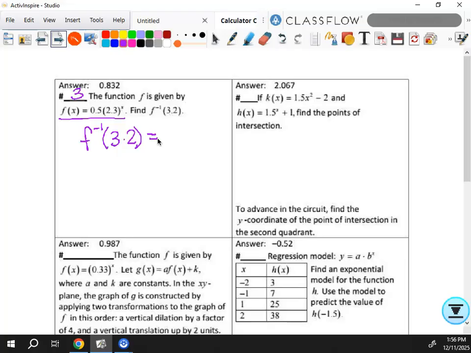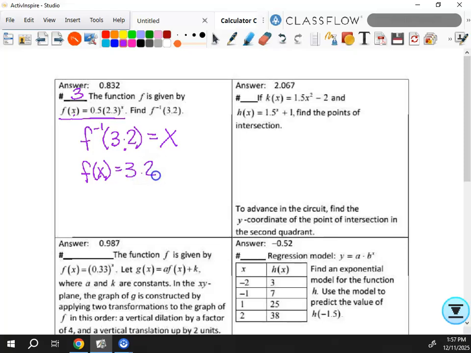Y. It's the inverse, so it would equal the x. For f, if I have f of 3.2, that means 3.2 is the x. F inverse, that means this is my y. That's my output value. So then that means that f of x is equal to 3.2, right? Having that conceptual understanding of inverses. So now I can type this into the calculator.